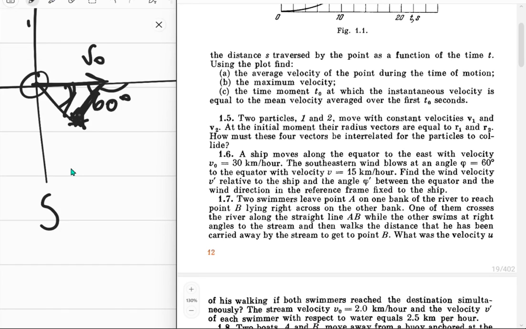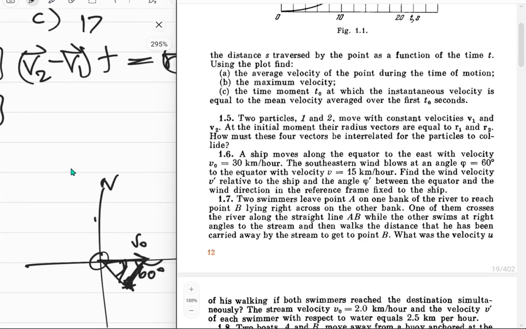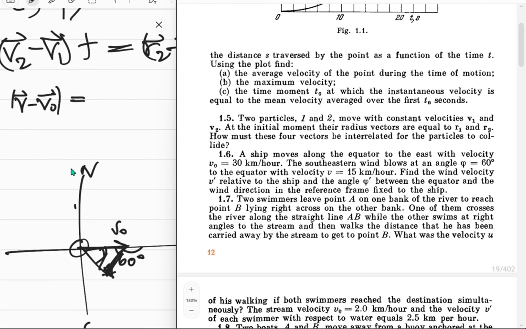And what's the length of it? This is v naught, and this will be square root 3 upon 2 v naught. It should actually be the magnitude of the vector v minus the vector v naught, and in this case it just turns out to be square root 3 upon 2 v naught.